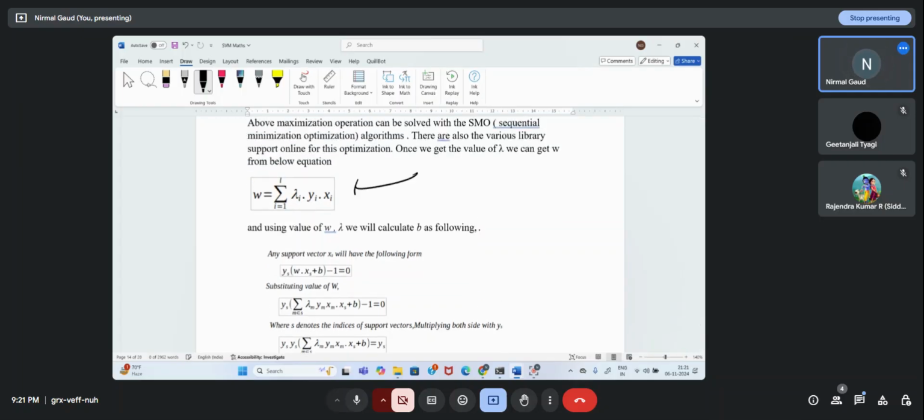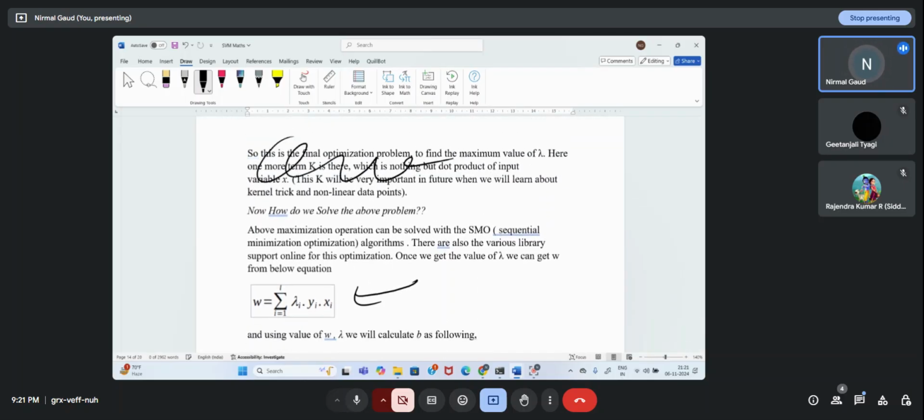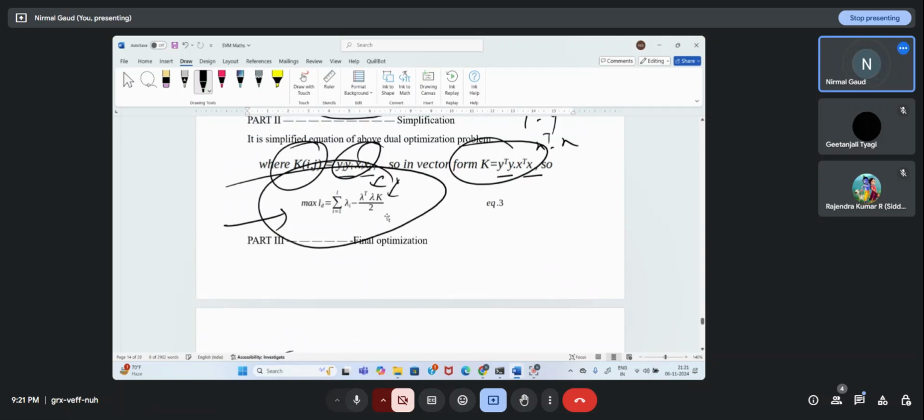और फिर क्या बोला, नेक्स्ट जो आपका w था, गॉट दिस एज w. ओके, अब क्या करना है, सो दिस इज द फाइनल ऑप्टिमाइजेशन प्रॉब्लम, ये जो आया आपका.